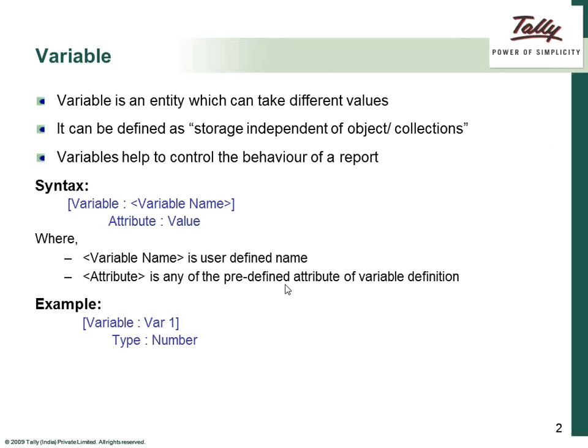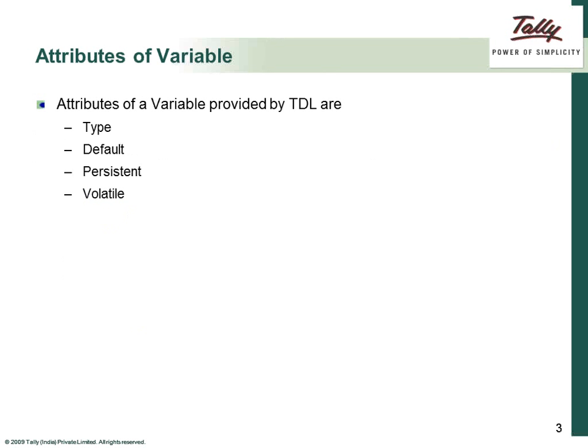Yes. Right. So there are 4 basic attributes of variables. These are not the only attributes. These are the 4 frequently used attributes of a variable. One is the type. What type of data can this variable hold?